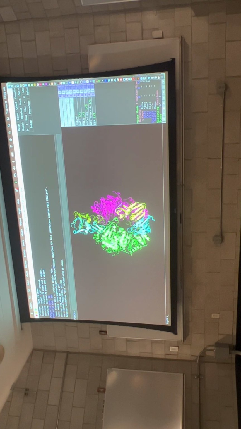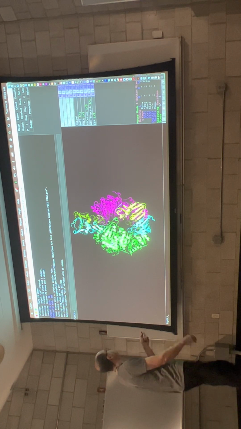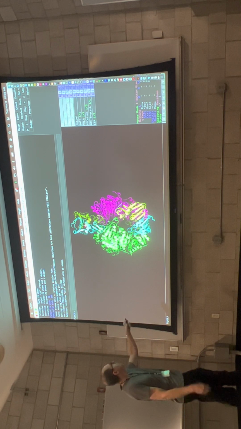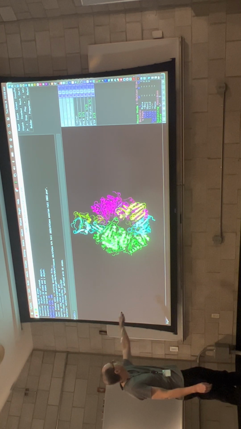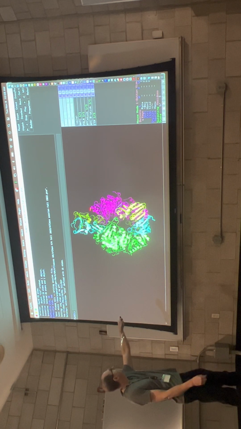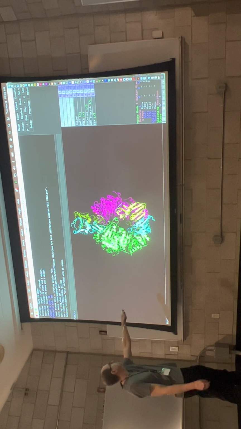So what's holding this thing together? That's the regulatory subunits. And so the regulatory subunits are painted either light blue or yellow, and you can see that this yellow regulatory subunit is making contacts with this catalytic subunit.